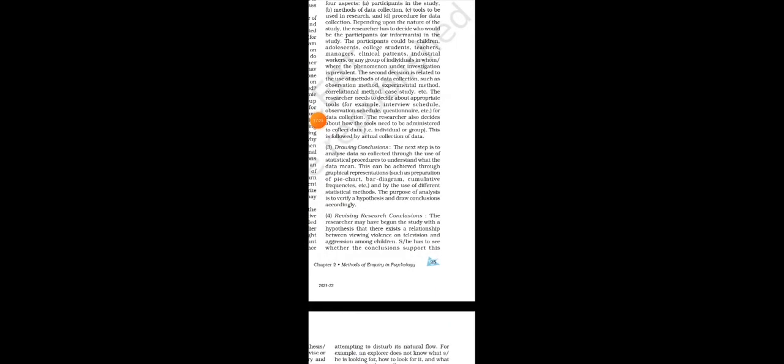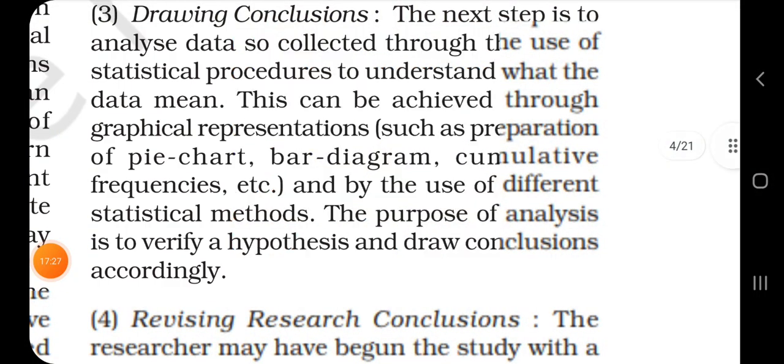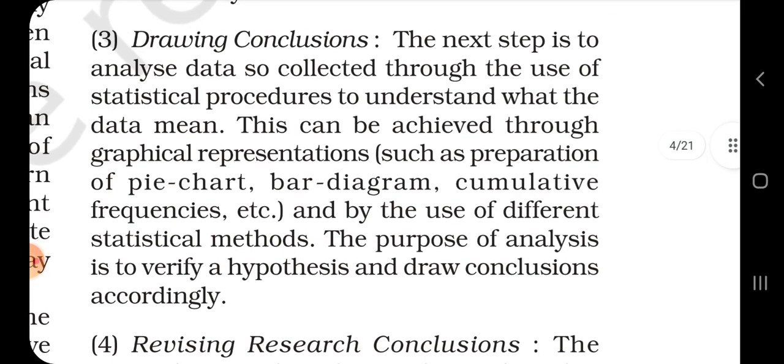The purpose of analysis is to verify a hypothesis and draw conclusions accordingly, right? In drawing conclusions, you analyze the data so collected through the use of statistical procedures to understand what the data mean.